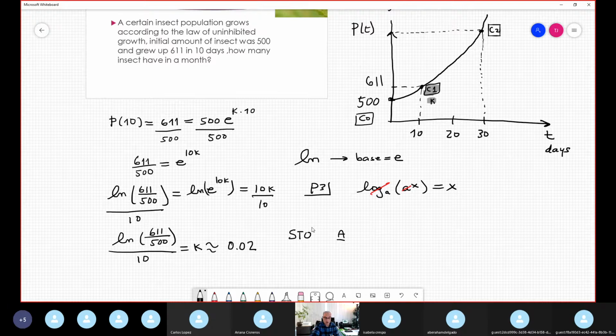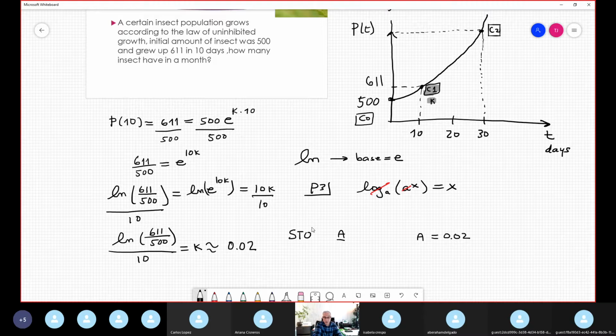Thus I know that memory A is that number, 0.002. So if you don't know exactly the memory of your own calculator, no problem, because another possibility is to use the answer key.